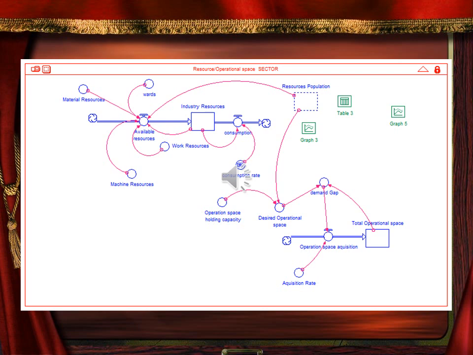But this acquisition depends on a certain rate, which depends on various factors, for example, cost, availability, competition, availability of funds, and how the previous space which has been acquired has been utilized. And all that is compressed into the acquisition rate, and the acquisition factors are therefore explained.